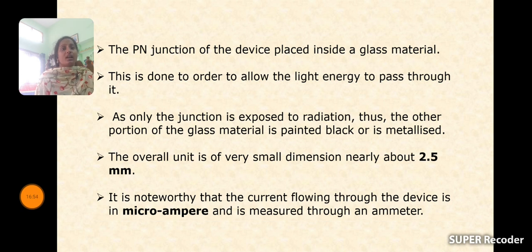So the overall unit is of very small dimension, nearly about 2.5 mm. It is noteworthy that the current flowing through the device is in microamperes, very very small, and it is measured through the ammeter. A small dimension of 2.5 mm will give a current of microamperes.